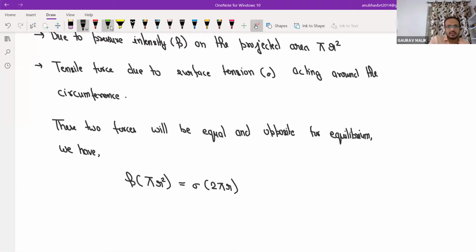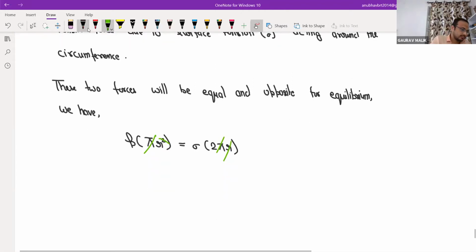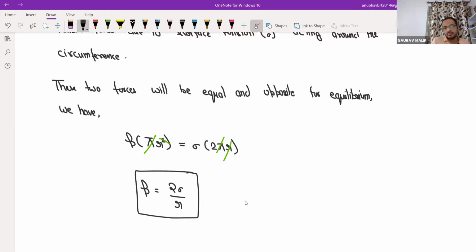Pi and pi will cancel out, one r and one r will cancel out, and you will get P equal to 2 sigma by r. In some books, you will get delta P, the excess pressure, equal to 2 sigma by r. This is also correct.